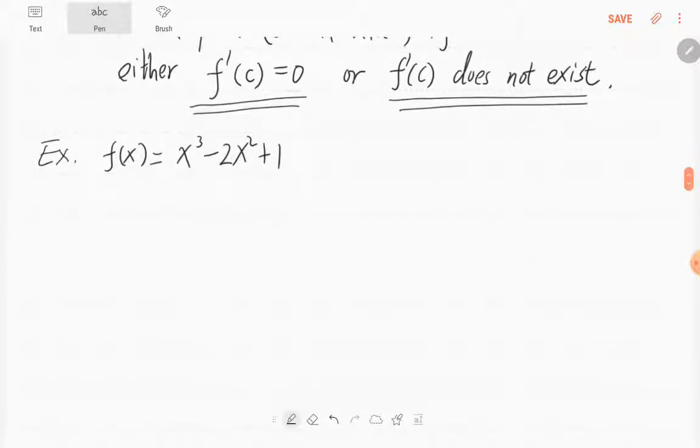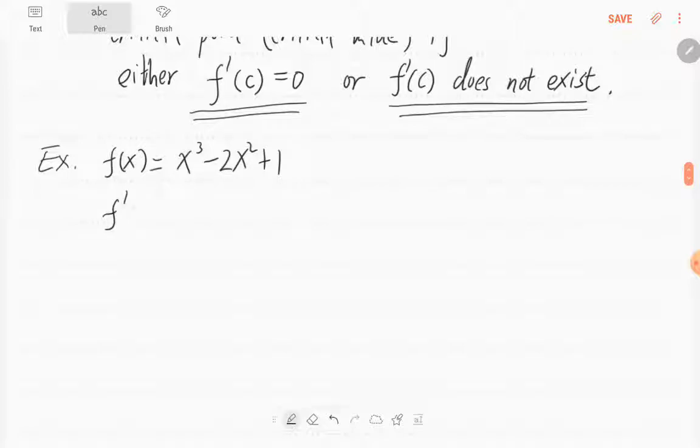The derivative of f is 3x squared minus 4x plus 0. This critical value should make the derivative 0 or undefined, that means it does not exist. But here, this derivative is a polynomial, so it's defined everywhere from negative infinity to infinity. So there is no number that makes this derivative not exist.